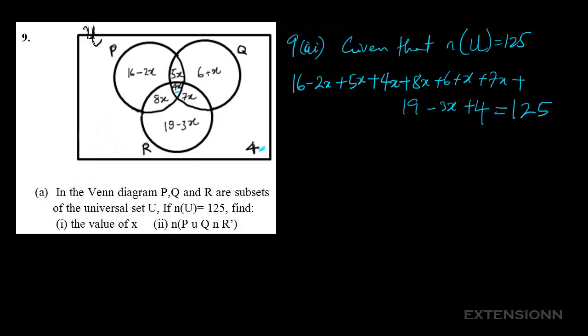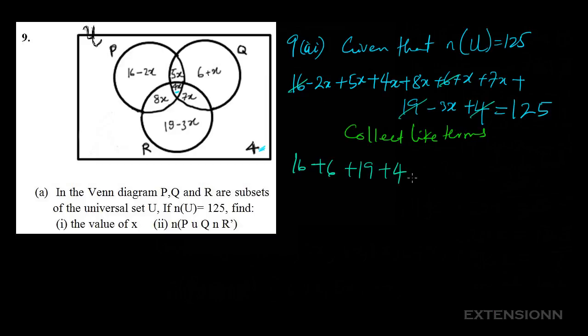So at this junction, what we'll do here is we'll collect like terms. When we collect like terms here, we'll have 16, then 6, 19, and 4 come together, so we'll have plus 6 plus 19, then plus 4.